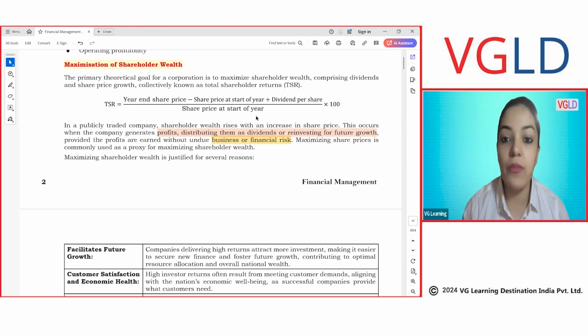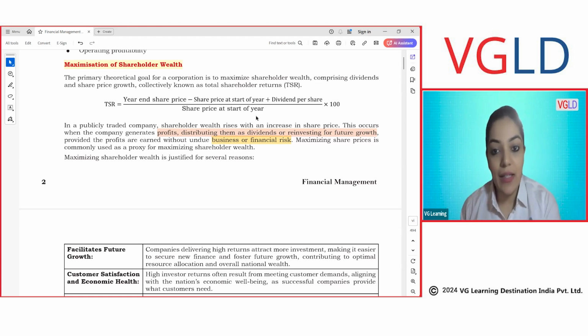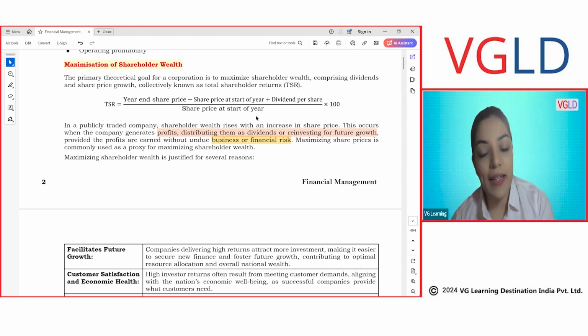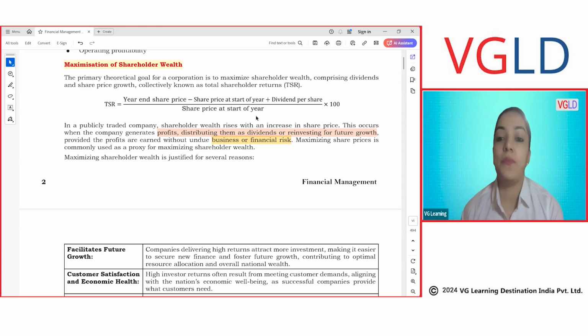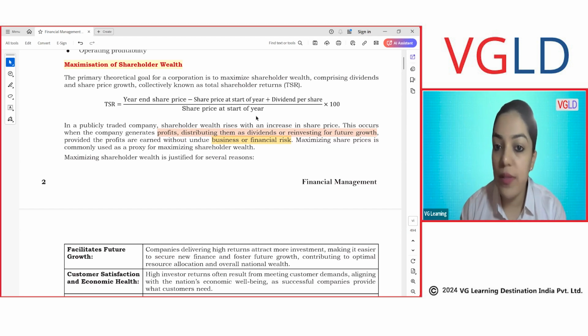Let's continue the example of ITC. So ITC is exposed to business risk, yes. Now, I'm giving a hypothetical situation. ITC is financed by, let us say, 80% equity and 20% debt. Always remember, having debt in the capital structure is risky. Why?